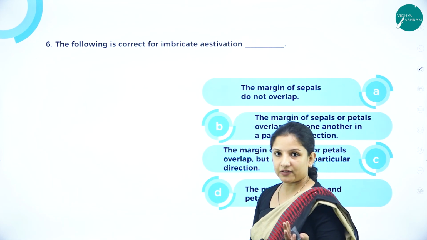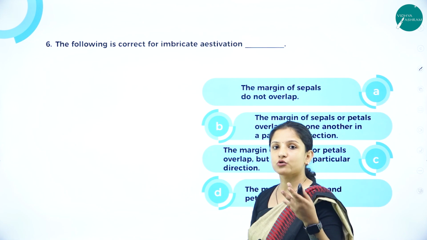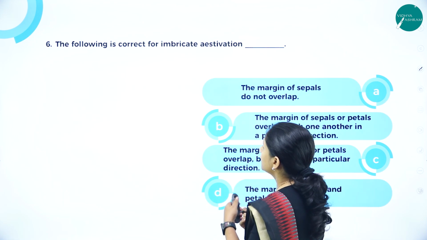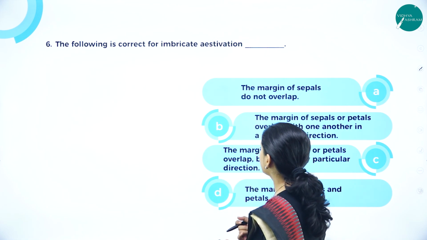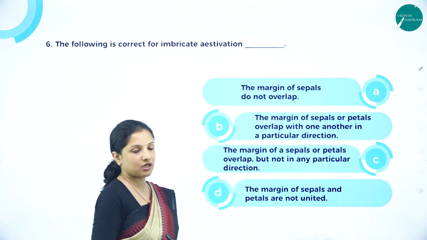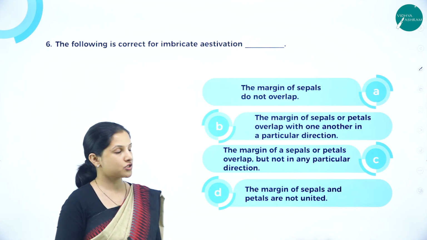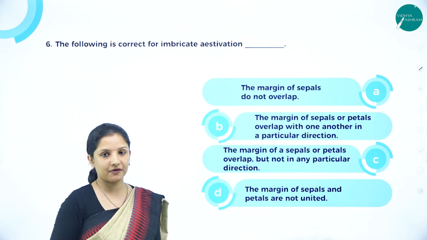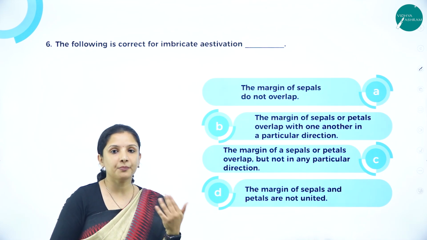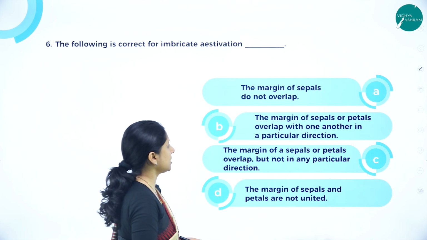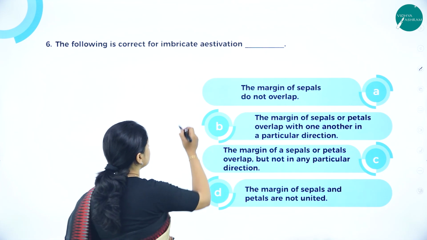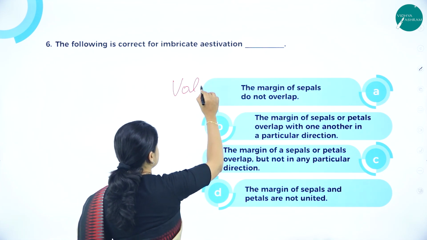We had seen in the previous session valvate estivation, twisted, imbricate. If not, you can see the previous session and understand it. The following is correct for imbricate estivation. Imbricate estivation means the sepals overlap but not in a particular direction. That is imbricate. If the margin of sepals do not overlap, it is valvate estivation.